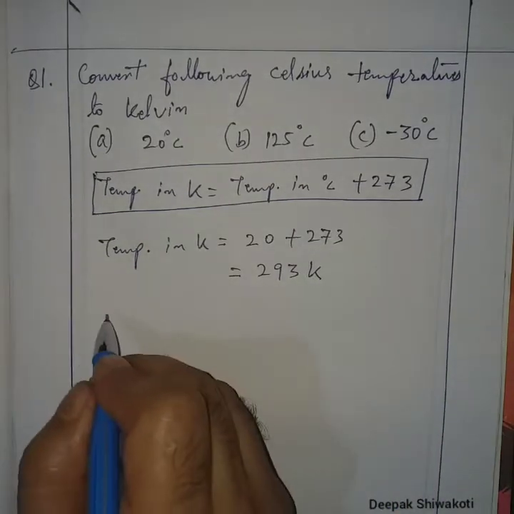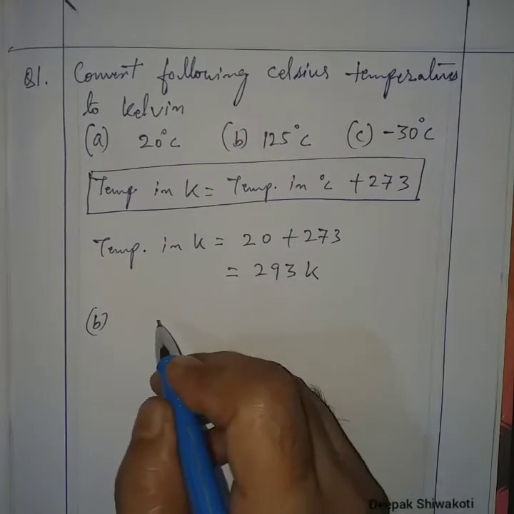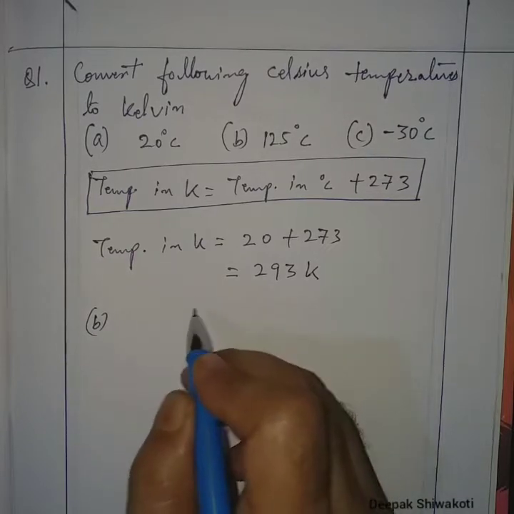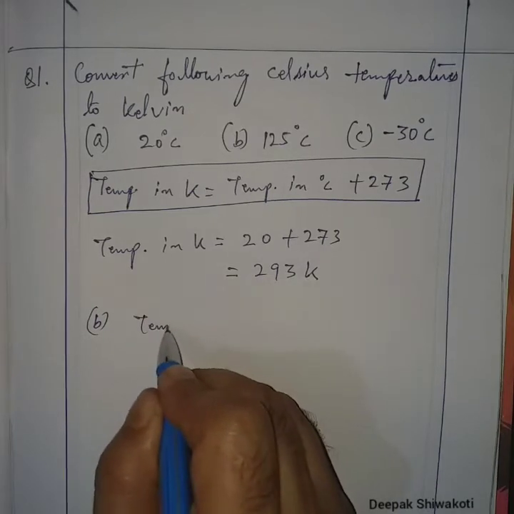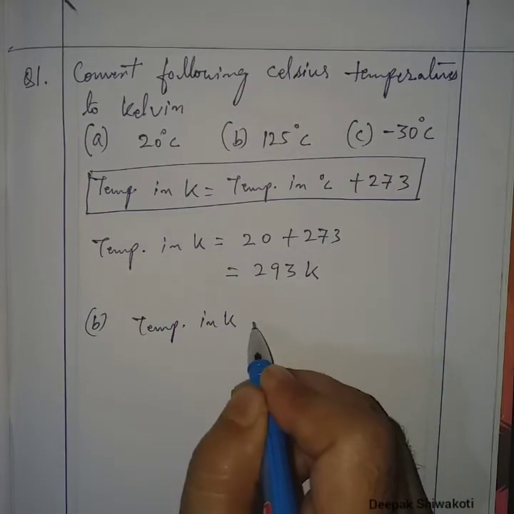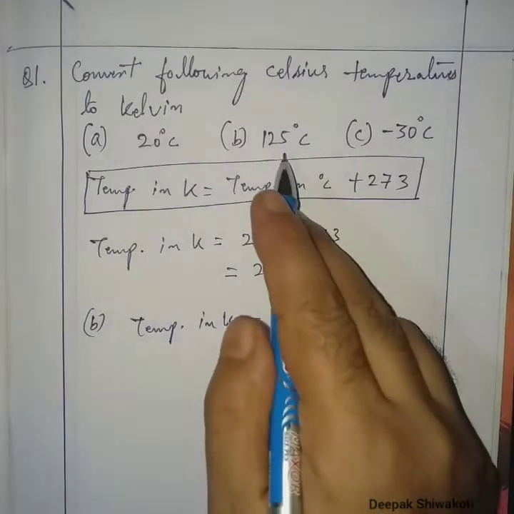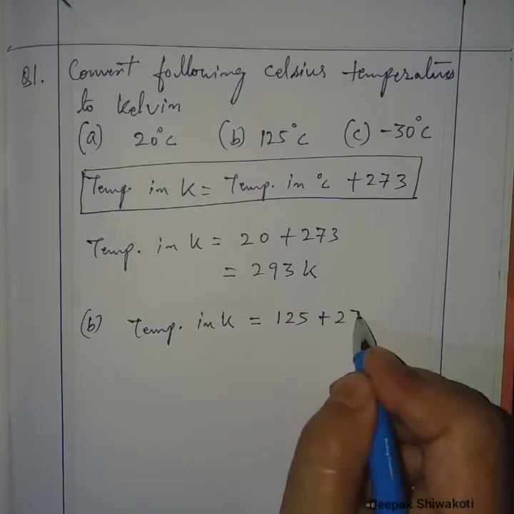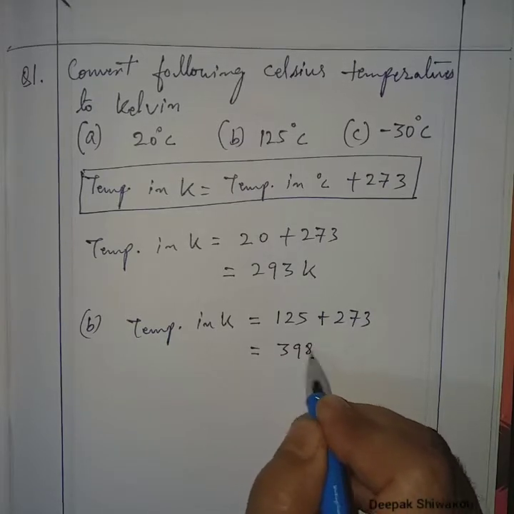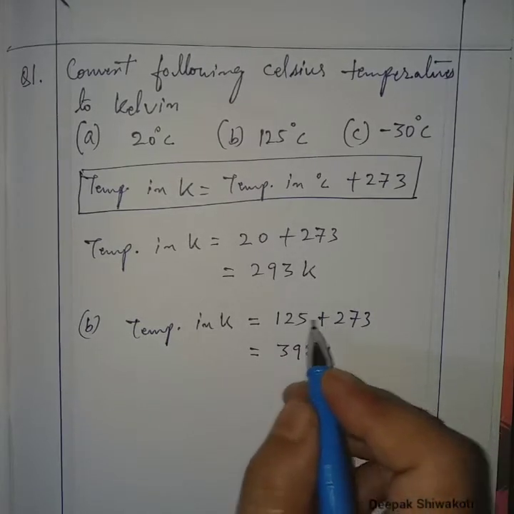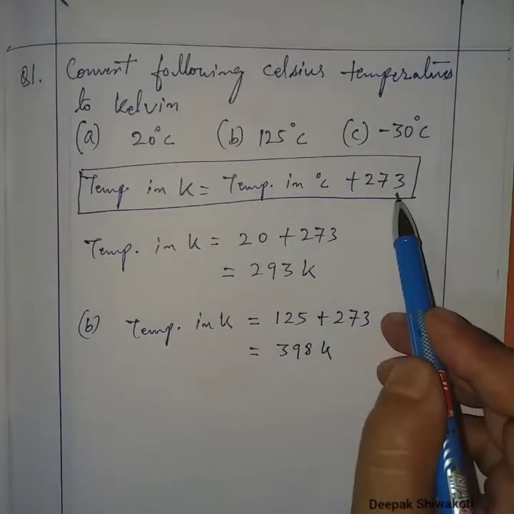Okay, similarly B number, temperature in Kelvin will be equal to 125 degree centigrade plus 273. So how much will we get after adding? We'll get 398 Kelvin. Okay, I hope you people are understanding. These are very easy conversions. Only you need to remember this expression.